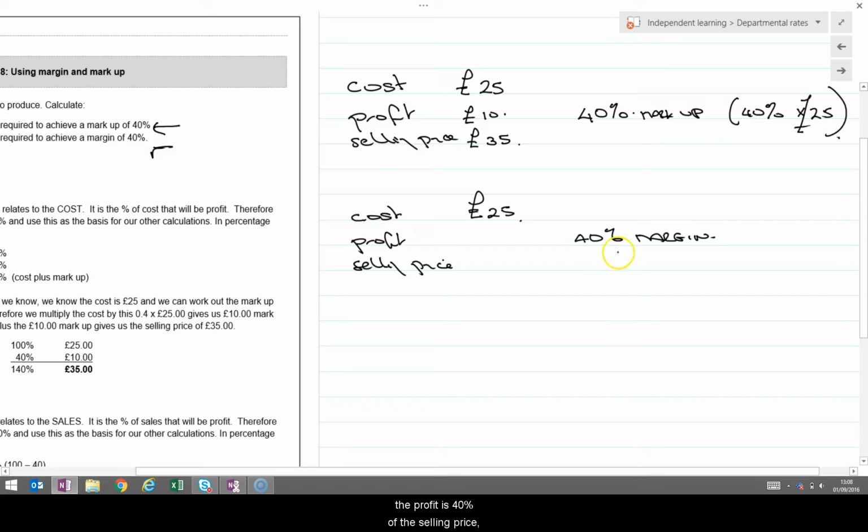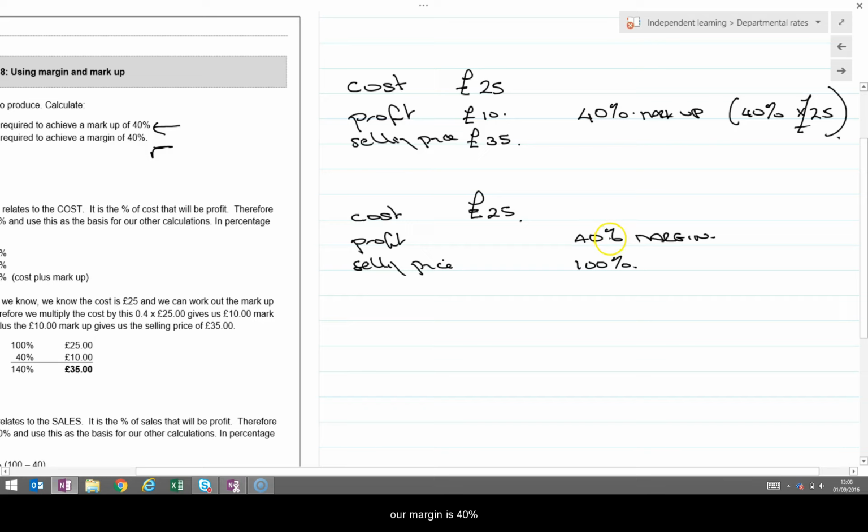The profit is 40% of the selling price. In percentage terms, we consider the selling price to be 100%. So selling price is 100%.